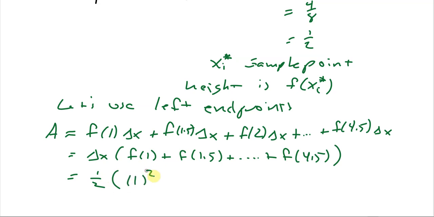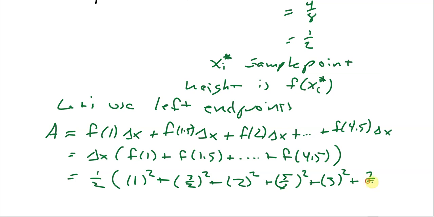So that's 1 squared plus 3/2 squared plus 2 squared plus 5/2 squared, that's 2.5, and 3 plus 3.5 squared plus 4 squared plus, I'm running out of room, 9/2 squared. Okay.